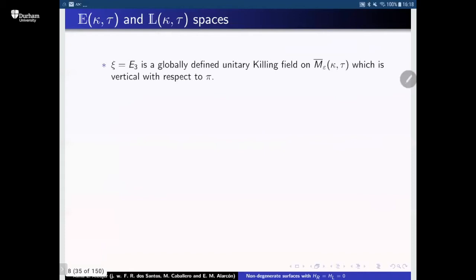In both cases, E3 is a globally defined unitary Killing field on the ambient space, which is vertical with respect to the fibration we had for the homogeneous spaces.